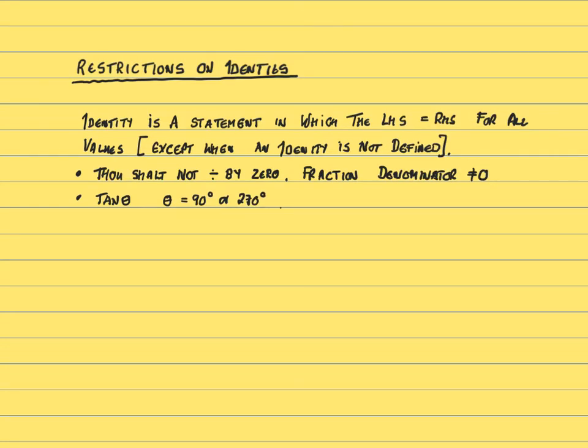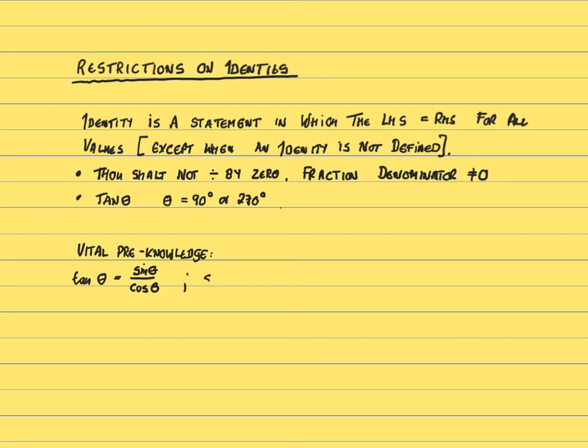Now, before we even start with restrictions, there are a couple of things that I think are vital that you know. Number one, vital pre-knowledge. You need to know that the tan of theta you could rewrite as the sine of theta over the cos of theta.